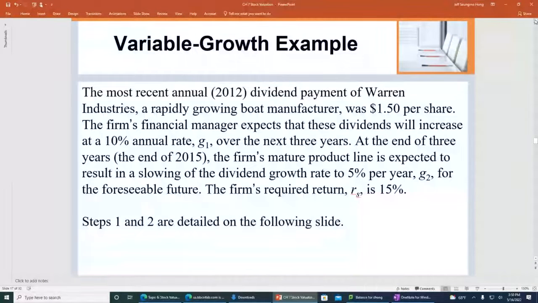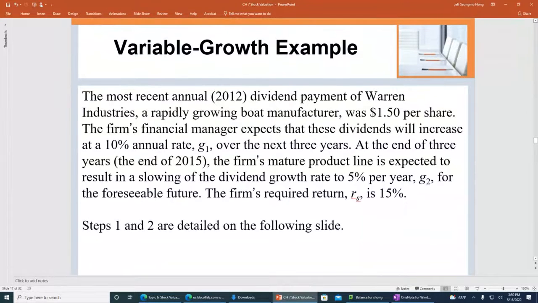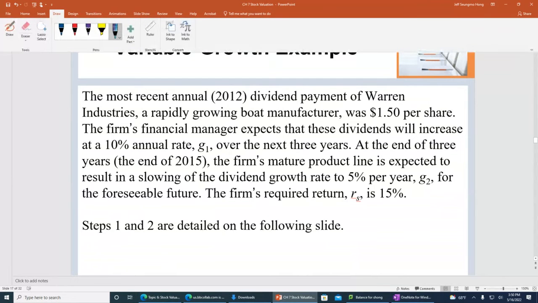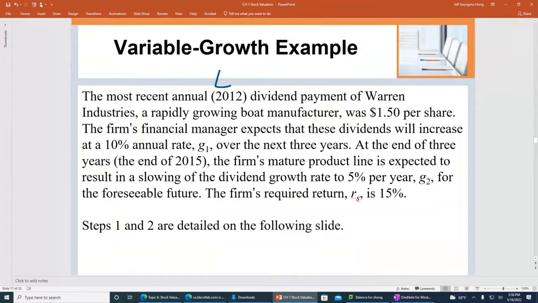Most recent annual dividend payment of Warren Industries, a rapidly growing boat manufacturer. So, okay, that means T0. This is T0, right?